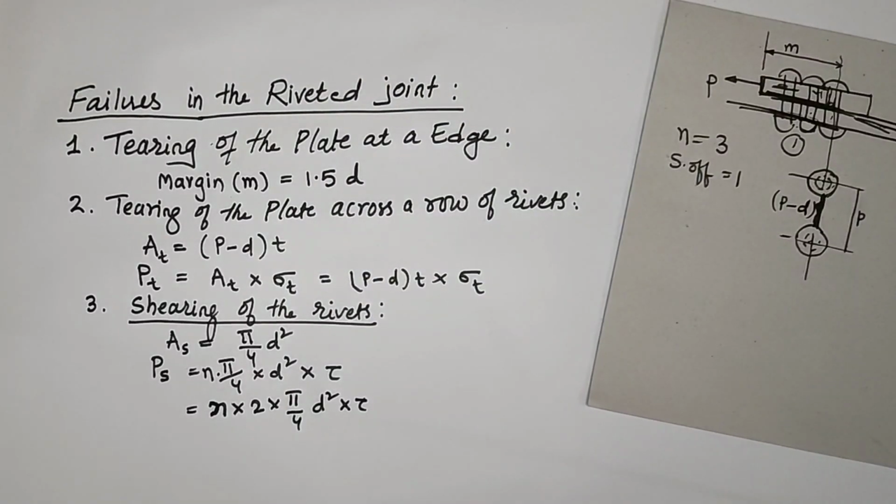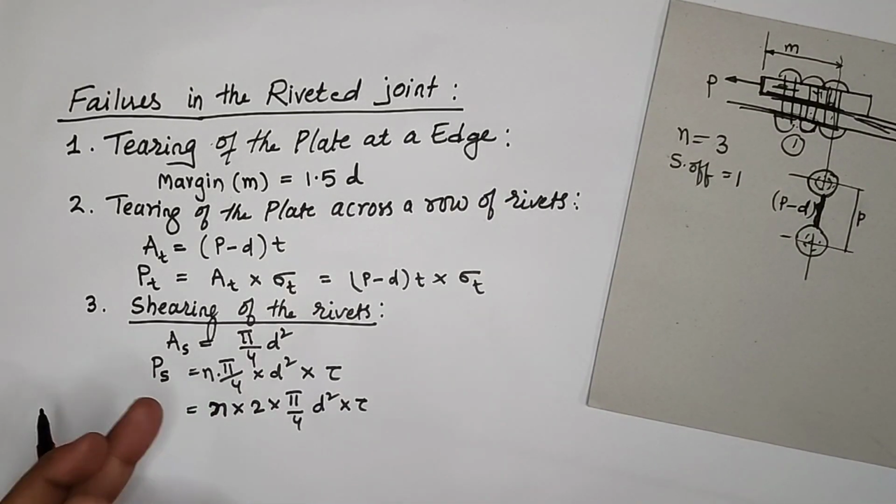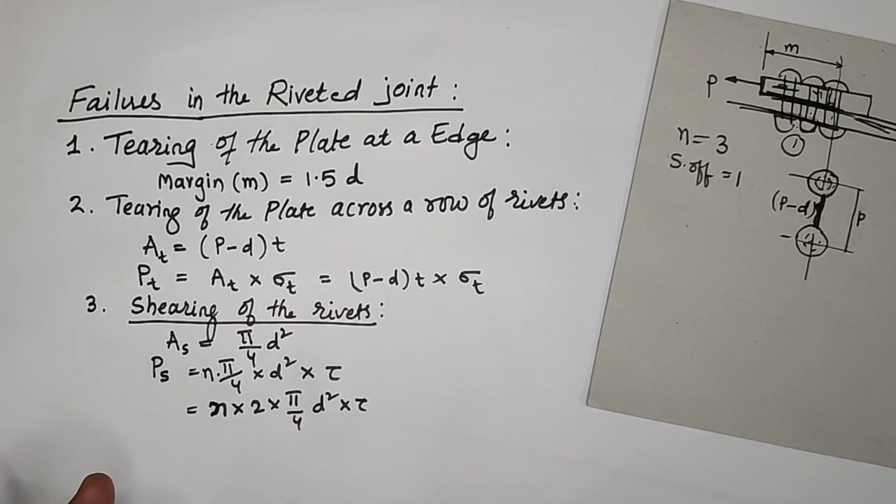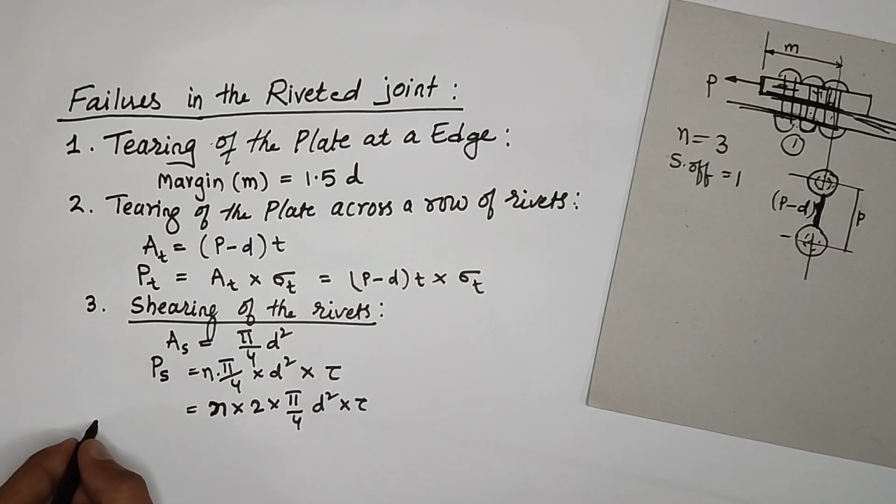So this equation will be used for double shear-off, right? So number of rivets may be 1, 2 or 3, but shear-offs are 2 for double. Okay, it means it is a butt joint with double strap.